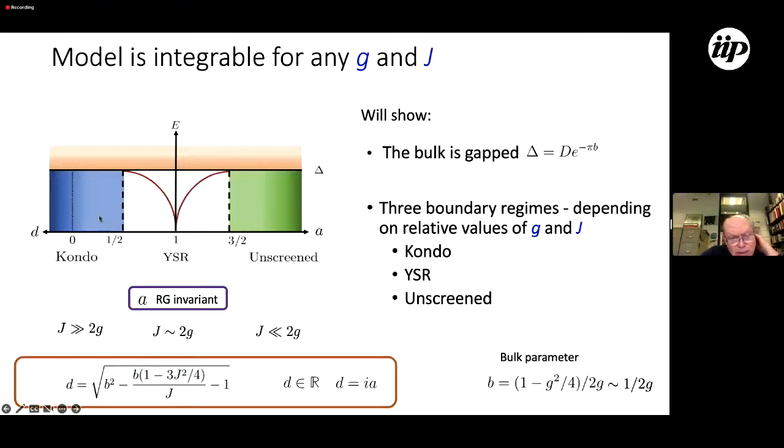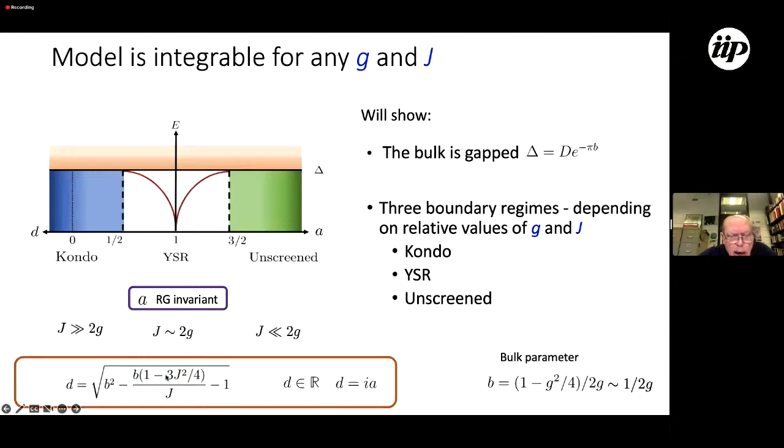These regimes are characterized by a quantity that I'll call A, where A is an RG invariant. Both G and J run with RG, but there is a combination, which I call A, written down here.